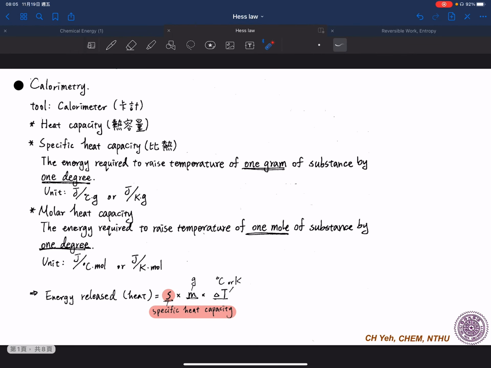So basically, calorimetry is that you can measure the heat absorbed inside the system, and you can measure the temperature change in the system. By using this equation, what is the equation?